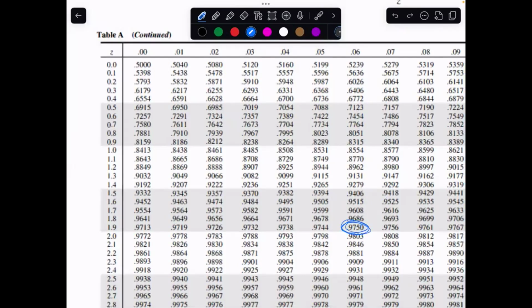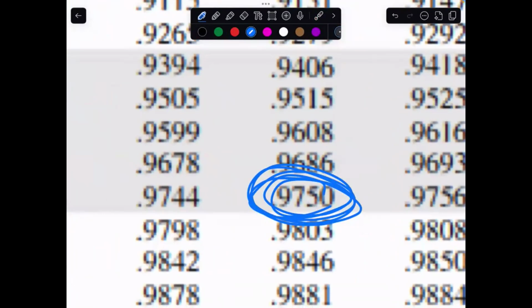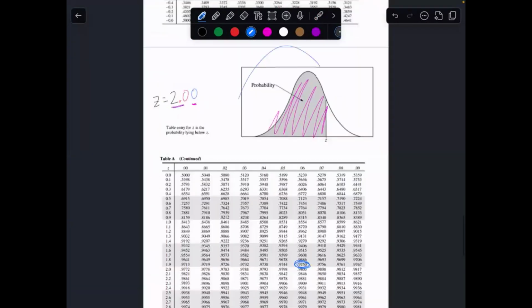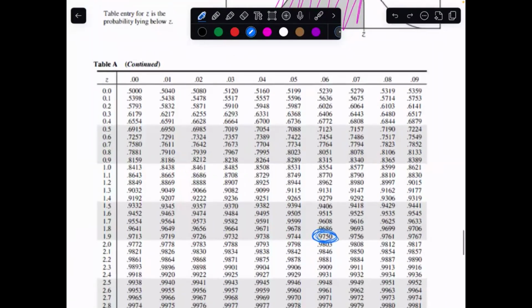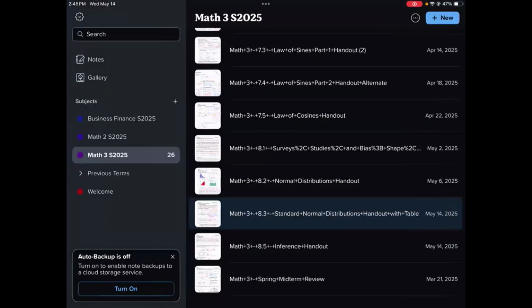Right here. This is an area of 0.975 to the left, which is what we want. So what z-score leads to that area? 1.96. Okay, so let's write that down.